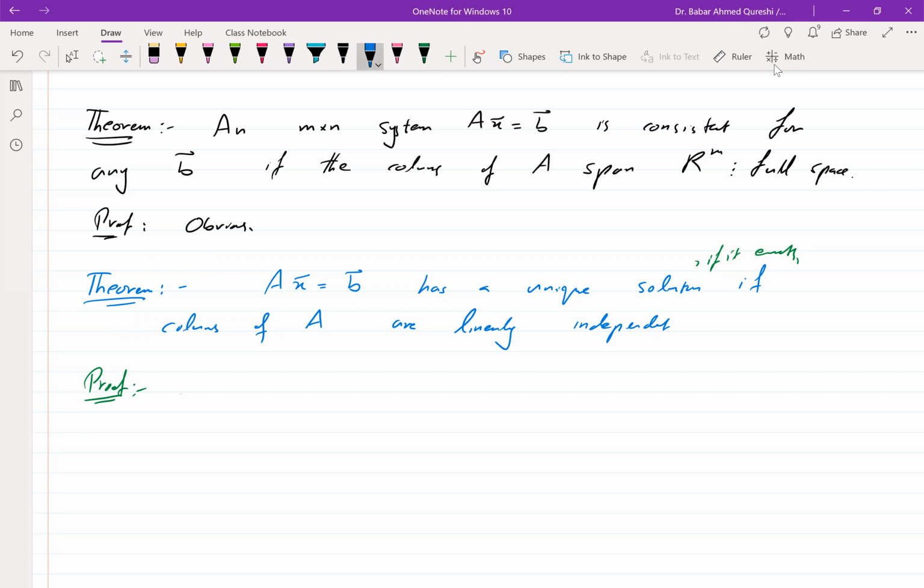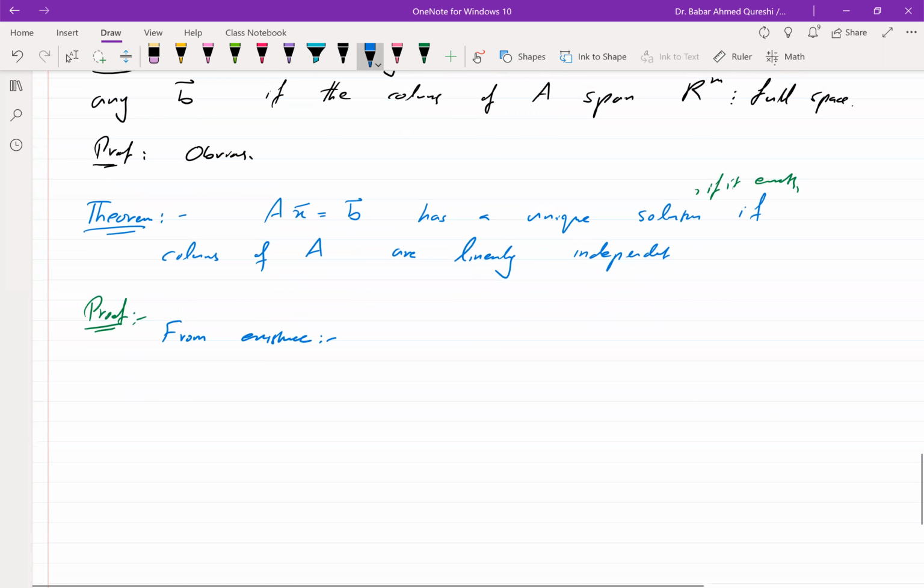So from existence, that the solution exists, we know that the B has to be in the column space. So B must be of this form, some numbers, so solution numbers. So solution I am writing as a tilde.